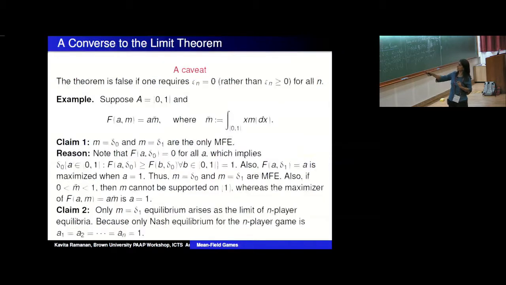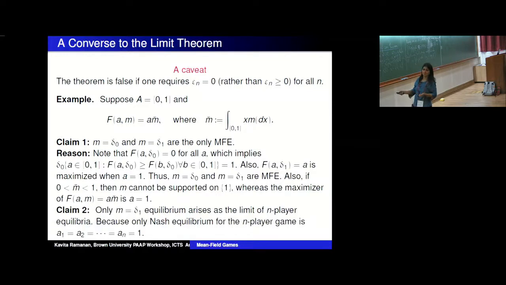So that's the caveat. The theorem is false if one requires epsilon equal to 0. So the mean field equilibrium, there may be more mean field equilibria than limits of just Nash equilibria, because they may contain also limits of epsilon n Nash equilibria, which are not necessarily limits of Nash equilibria. Even though it's epsilon n, you might think there won't be any difference.